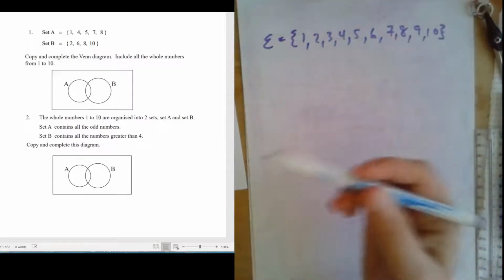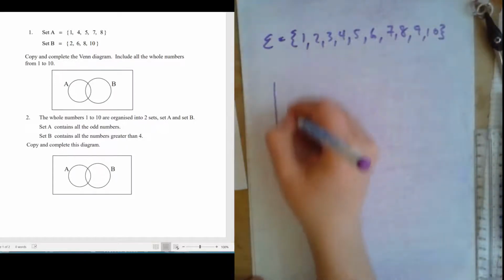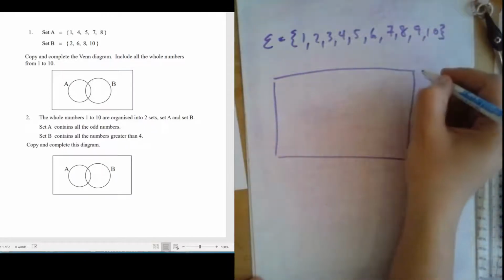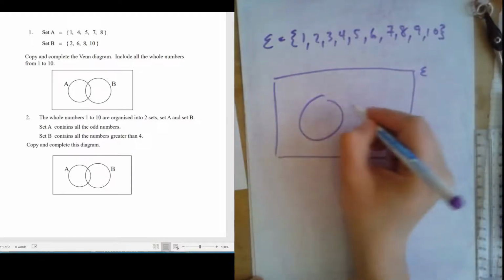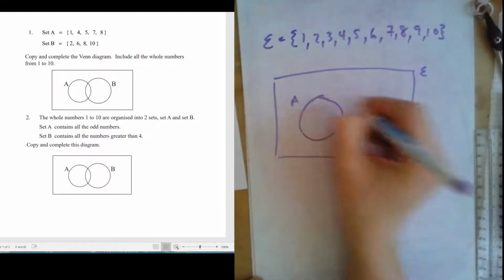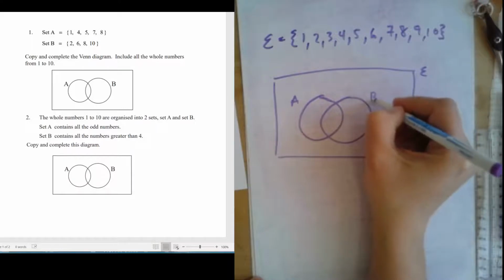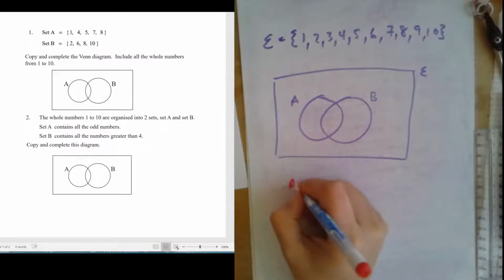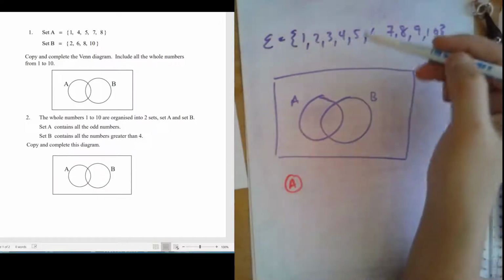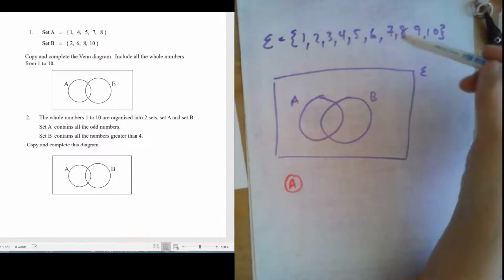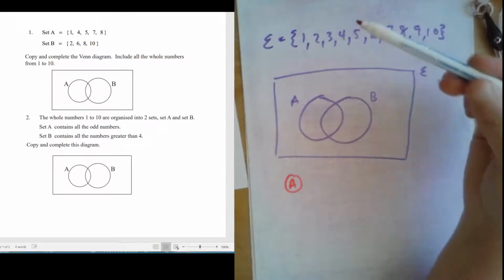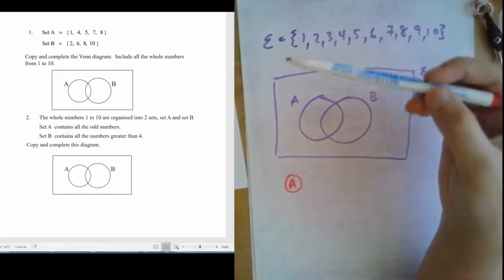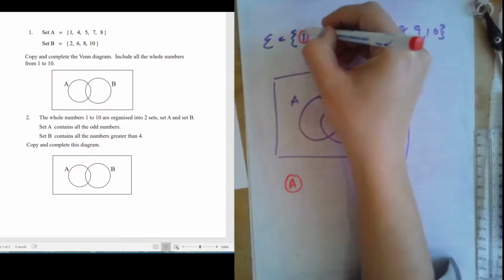Okay, so I'm now going to draw my Venn diagram. So here's my universal set. This is A, and this is B. Okay, so I am going to make my A red, okay? So I'm going to circle any numbers in here that are part of set A. So set A is 1, so let's circle the 1.